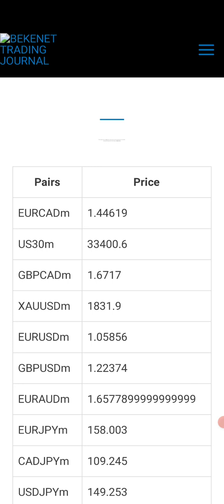Now, this application is pretty simple. This is not a robot. It runs on an Android device, and it has a URL which you can use to browse from the Chrome browser, the desktop, or your iPhone and all that. It does not place trades on your account, and it does not give you signals.